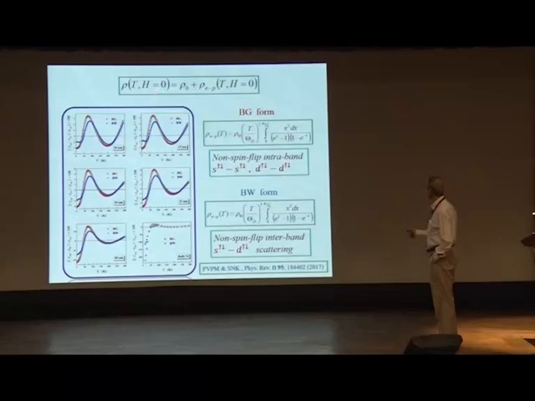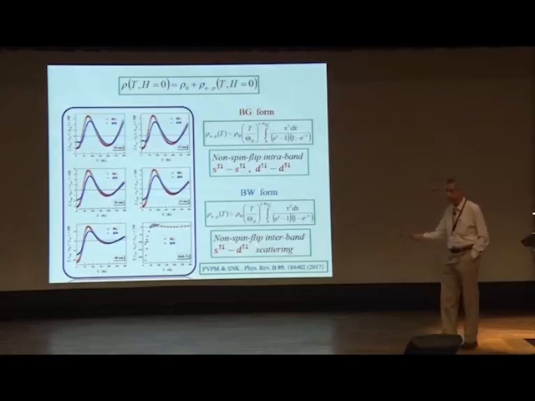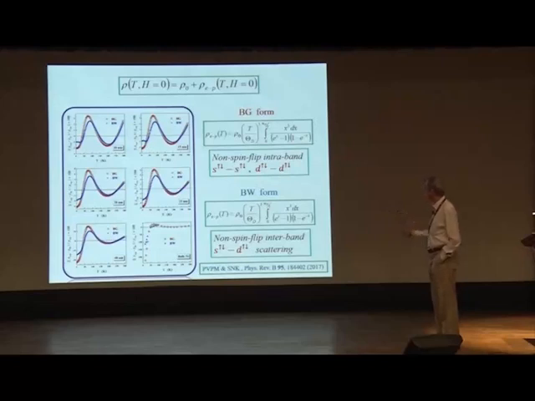So first we take just the residual resistivity plus the electron-phonon term, and it has two forms, as I said earlier. One is the Bloch-Grüneisen form and another is Bloch-Wilson. One is the non-spin-flip intraband scattering, the other one is the non-spin-flip interband scattering. So you want to see whether it is the interband scattering or the intraband scattering caused by phonons that is dominant. From this you immediately see that the deviations are systematic.